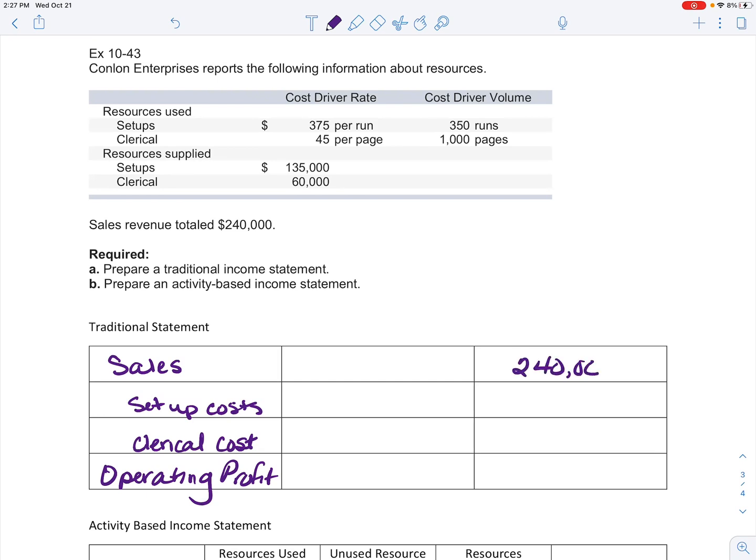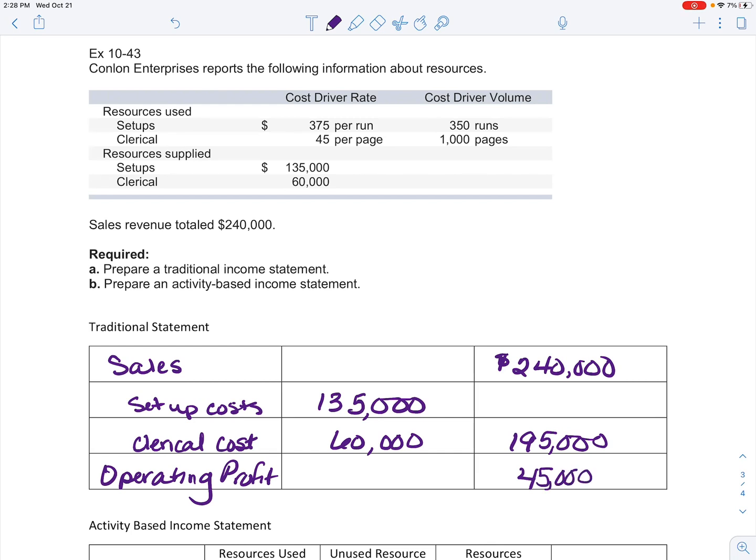Those are $240,000. Our setup costs are given. Those are $135,000. Clerical costs were $60,000, giving us a total of $195,000, leaving us an operating profit of $45,000.